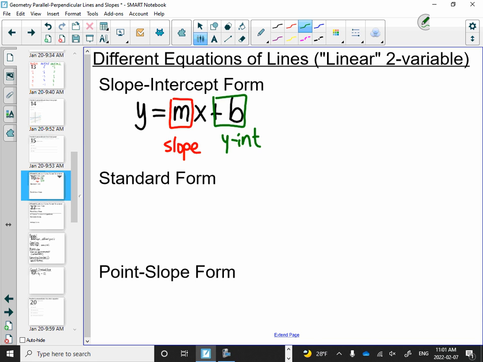Hence the name slope-intercept form. Okay? Now, standard form. Dig deep into those brains. Okay? In algebra, you learned about standard form as well, which is this. So remember standard form? Okay? And then there's also point slope form.